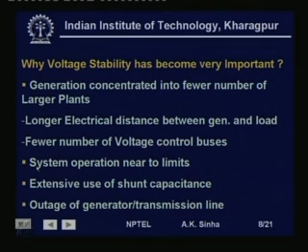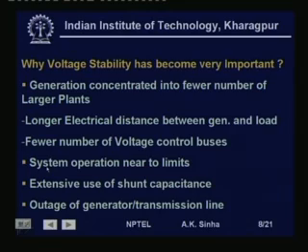Another aspect which has created this problem more is the restructuring of the power system. Because of restructuring, power systems are now running in a much more competitive mode, which means that in trying to be more competitive, each equipment is now being used much nearer to its limits.